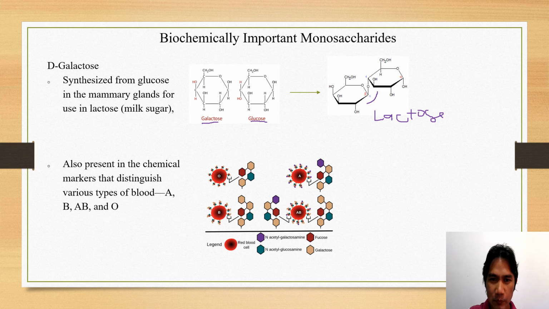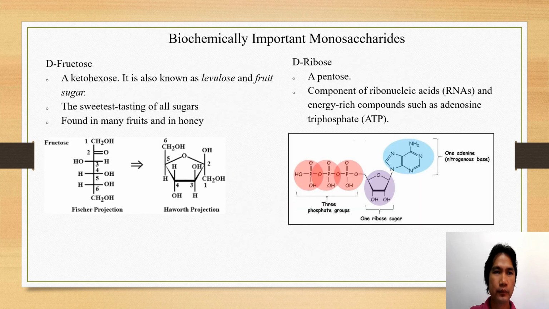As you notice in this picture, the number of galactose molecules in different blood groups differs. In AB there are 3 molecules. In some blood groups there are 2 galactose molecules only. Then we have fructose. Fructose is a keto hexose.